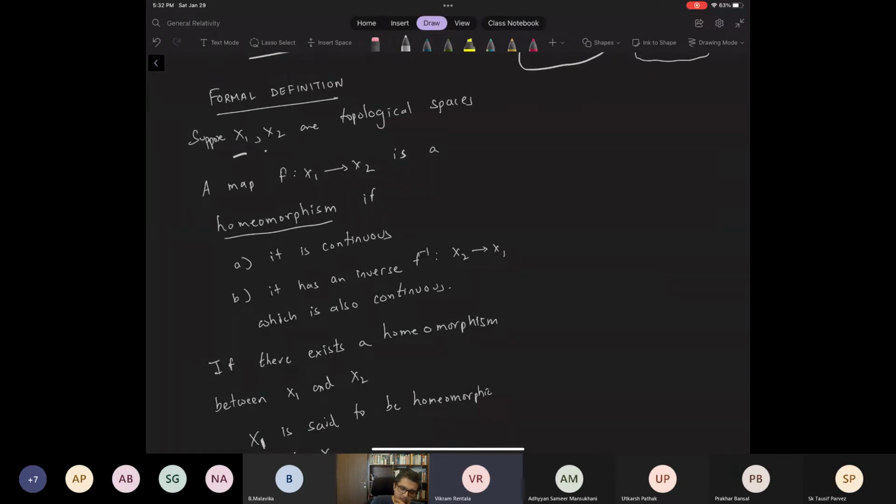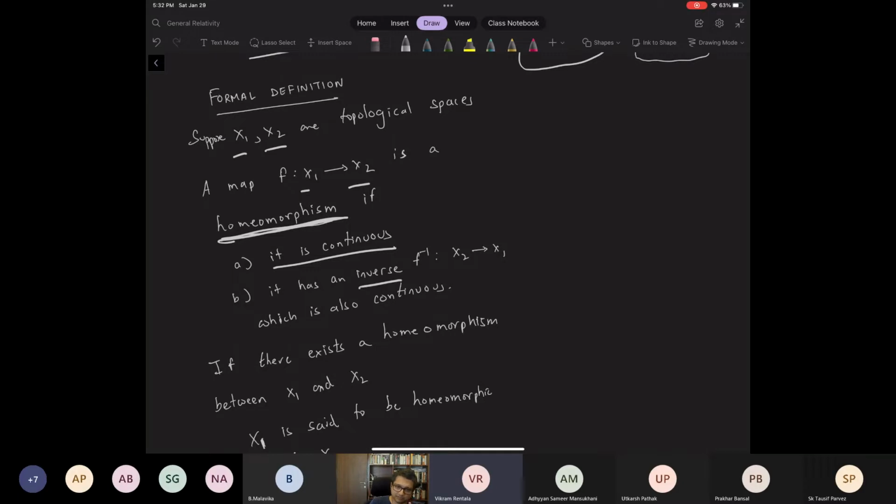So suppose you have two topological spaces x1 and x2, and you have a map from topological space x1 to a space x2. Then this map is a homeomorphism if two things. One is it is a continuous map. That's easy, we've seen that before. But the second important point is that the map should have an inverse, okay?